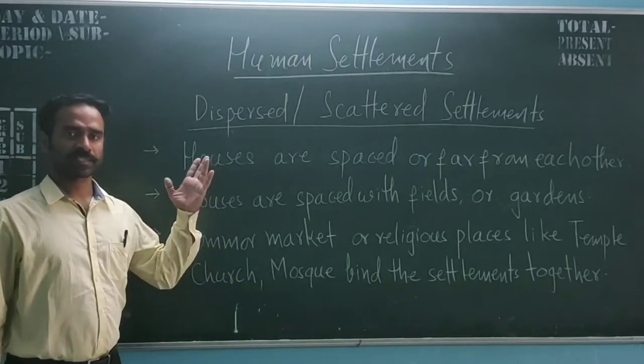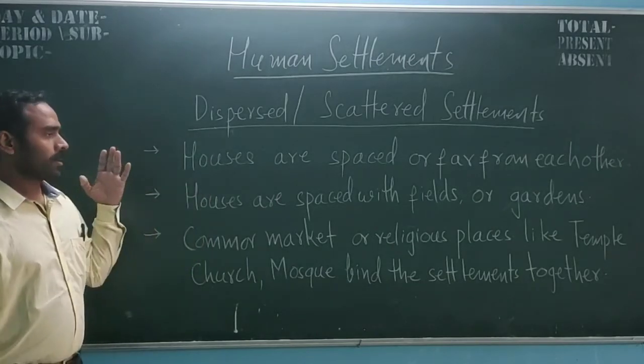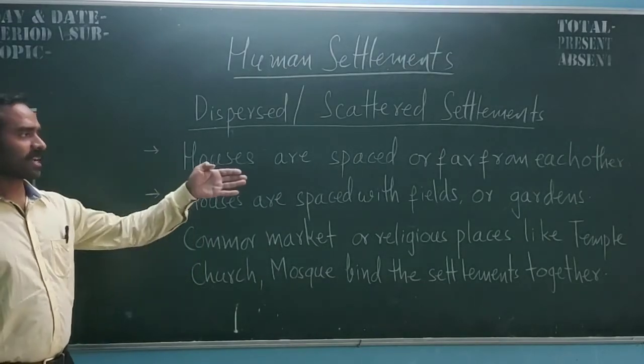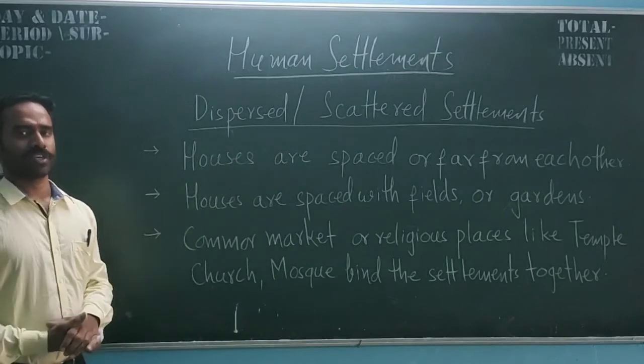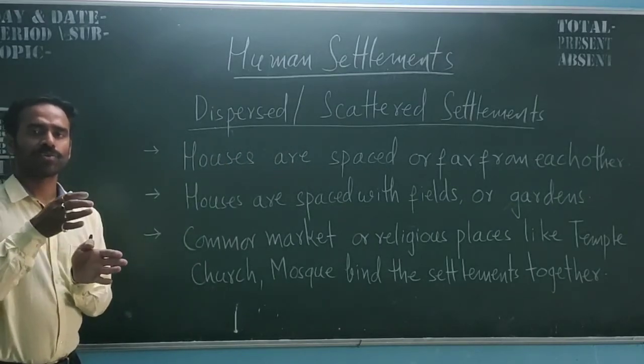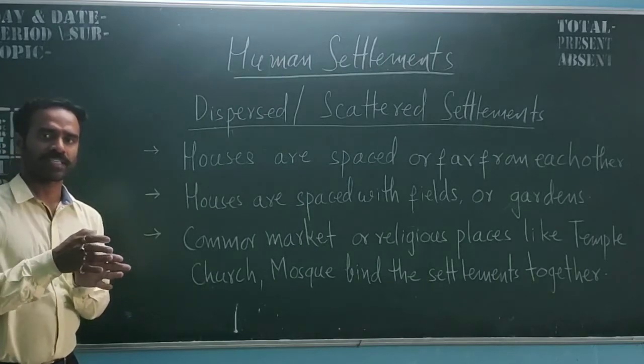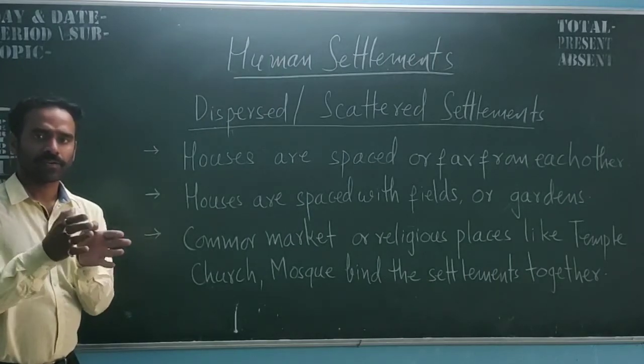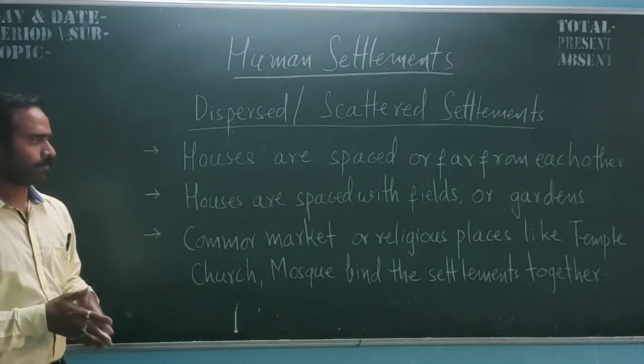Now, the dispersed settlements. In such settlements, houses are spaced far from each other. That means, unlike compact settlements, houses are far away from each other.